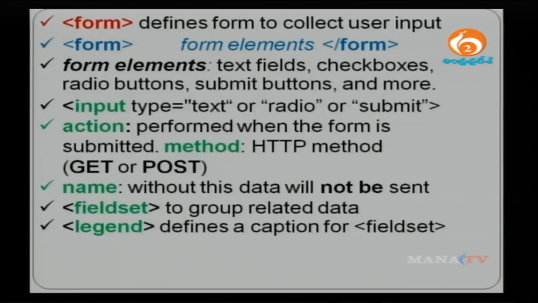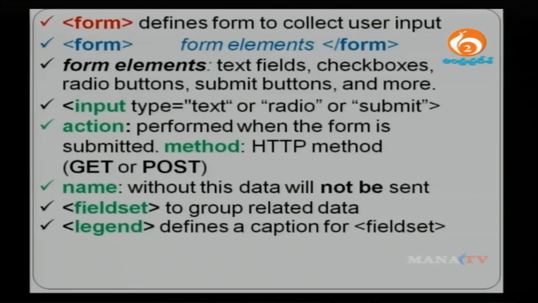Then what tags can I use to create forms in an HTML page? These are the different attributes and elements. You can see form is the starting point of form creation, and after that you can see different form elements here: text fields, check boxes, all those things. And how can I insert text fields?